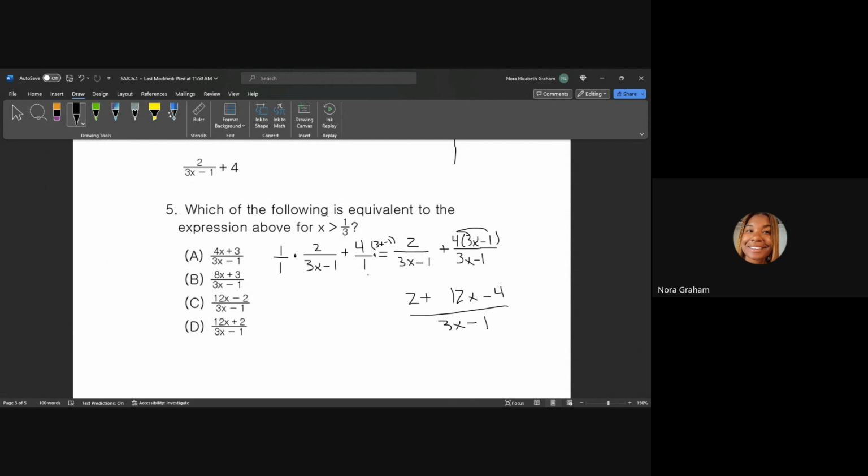Now I want to get my like terms together. The 12x I can't combine with anything because I see that x right there, but the 2 and negative 4 are constants. I can combine those together. So 2 minus 4 gives me minus 2, so 12x minus 2 over 3x minus 1.